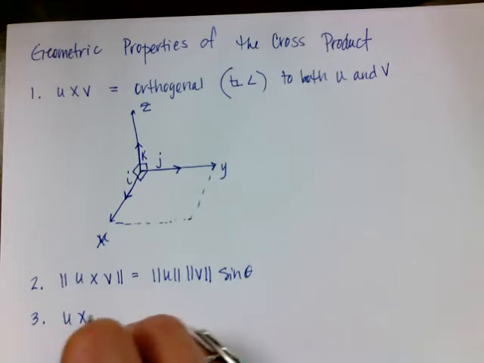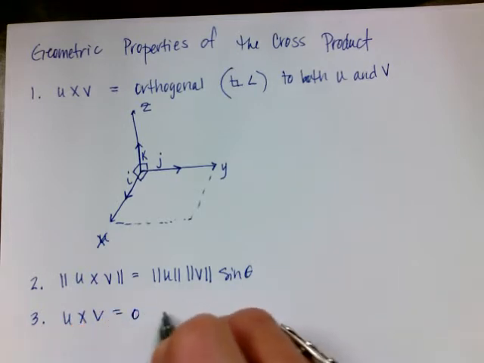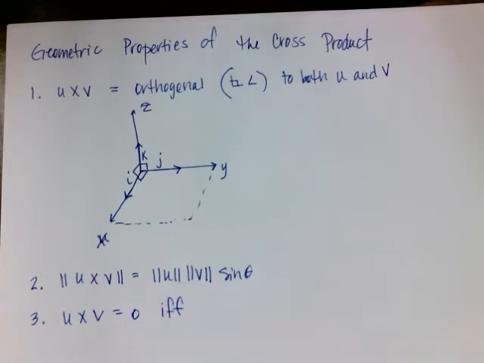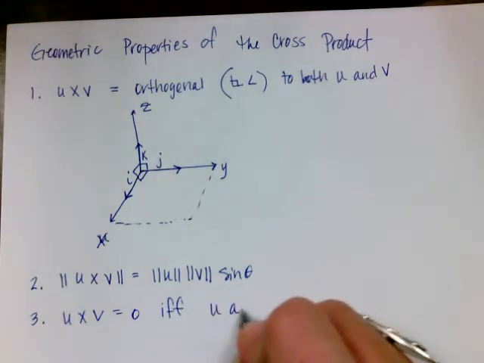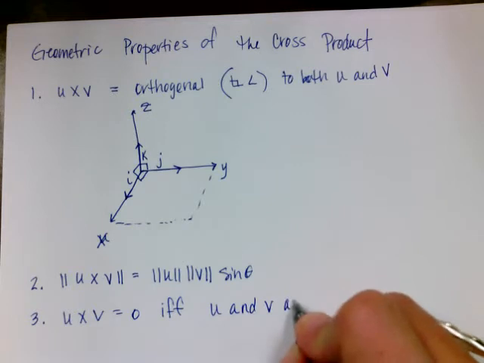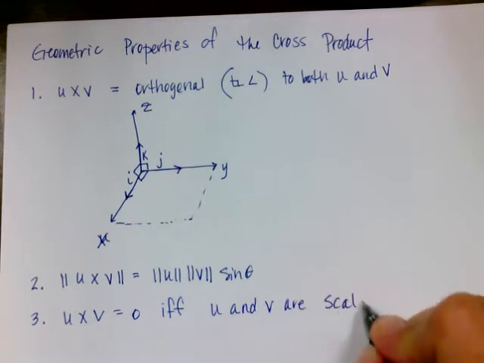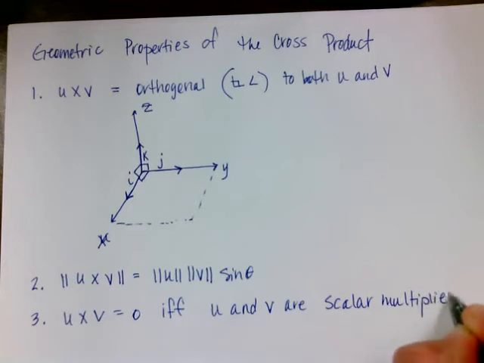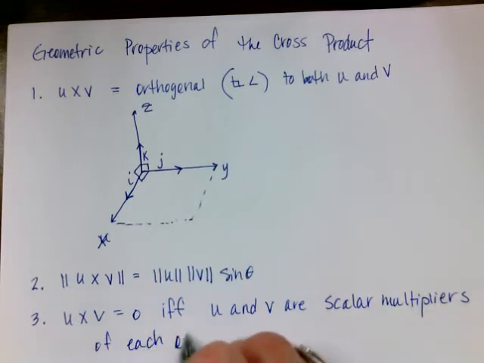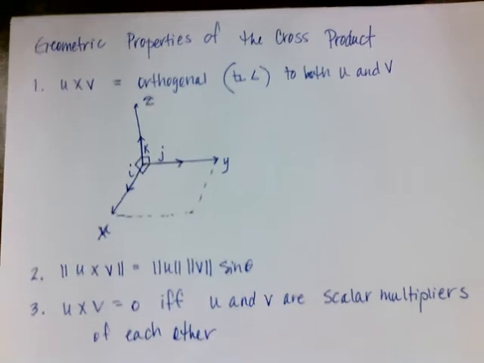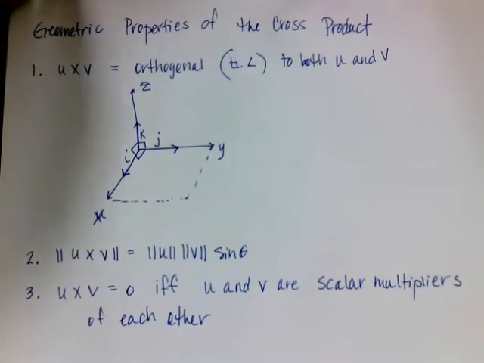I know that U cross V is equal to 0 if and only if U and V are scalar multiples of each other. So if I scale one, it would give me the other and vice versa.